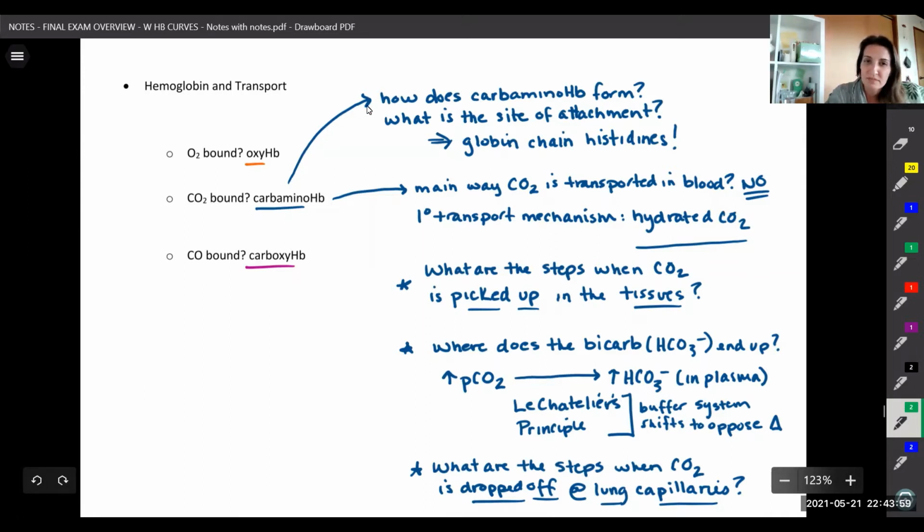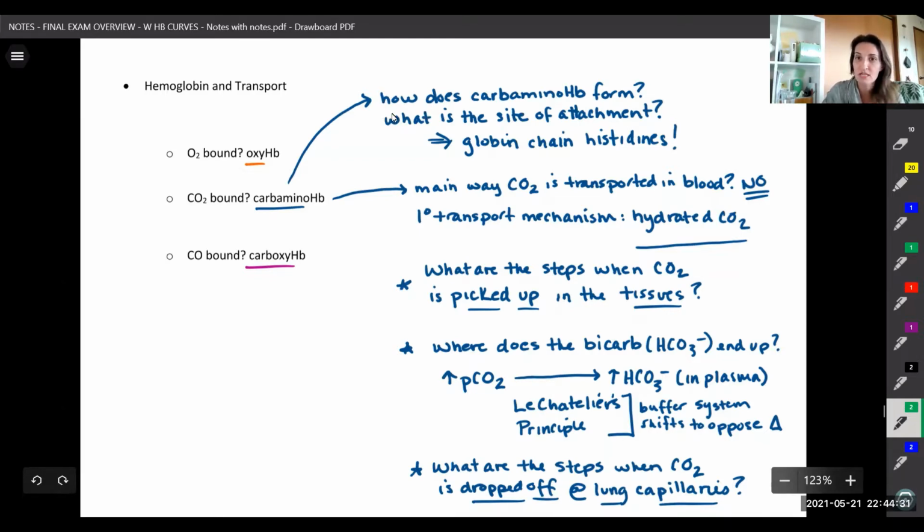And there were some specific notes I wanted you to keep in mind here about the formation of carbaminohemoglobin. Some of these I go over in the recorded review at the very end, in the lecture on internal respiration, in terms of the ways that CO2 is transported in the blood. And here I ask, how does the carbaminohemoglobin form?